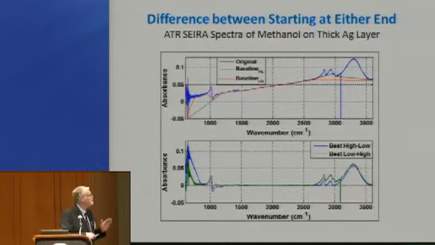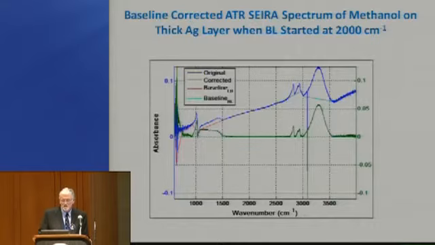So the obvious way to do it is to start in the middle and work your way out both ways. And now it works really well. There's a spike in this spectrum for some reason which I can't even remember, but this was in the Chamber of Horrors, and so it worked pretty well, even when you have a fairly broad band like the OH stretch of methanol.